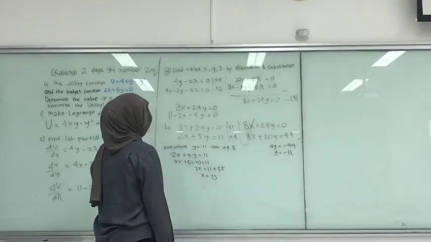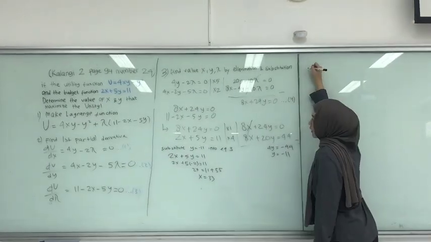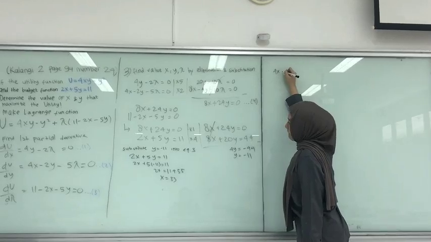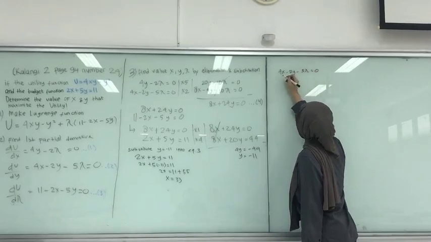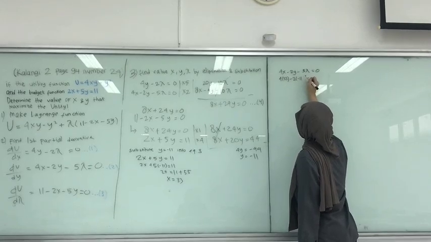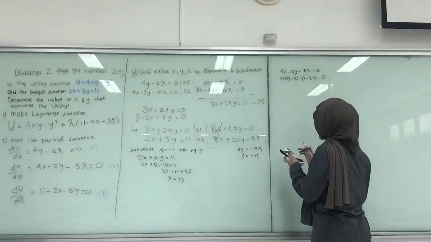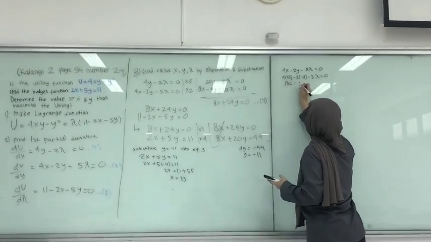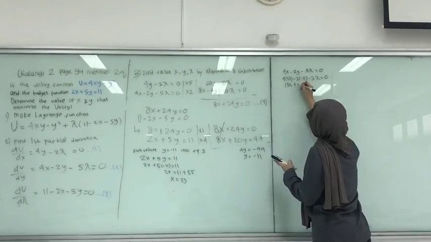Okay, and then after this I'm going to use the second equation we got here. We got the x 33 and the y minus 11. I'm going to use the calculator. It's gonna be plus, right?